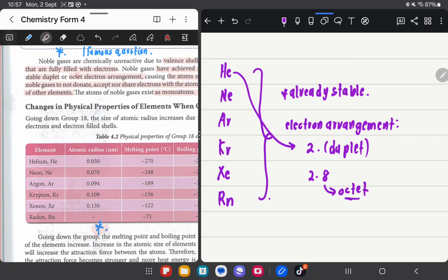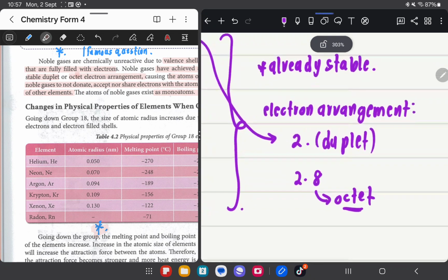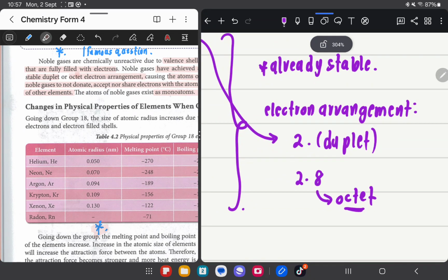We call it duplet or octet based on the valence shell. Understand? If there is only one shell, then that is the valence shell. If the first shell becomes the valence shell, it is a duplet.